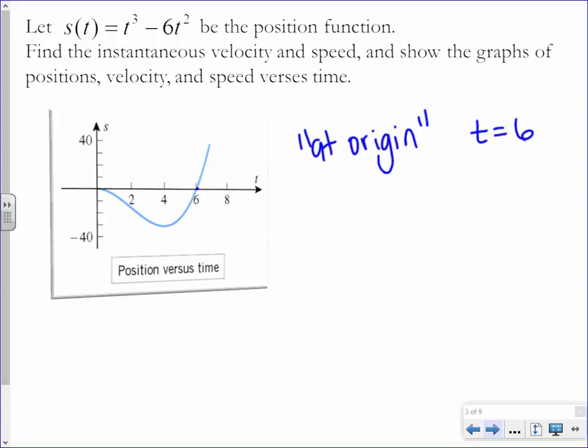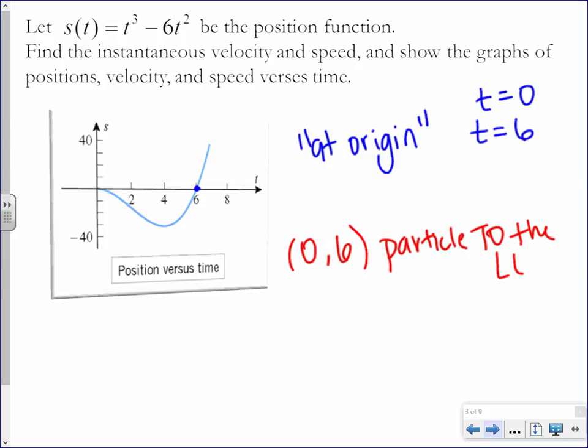Because our position is 0, that means we're at the origin. Anywhere else, Grant? Time is 0. Good. So since our position is negative from 0 to 6, our particle is to the left of the origin.